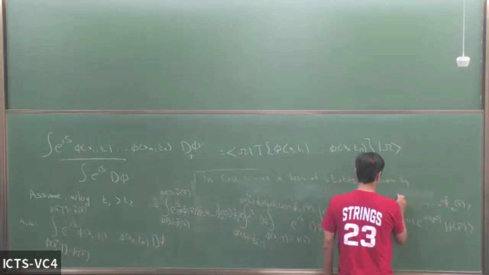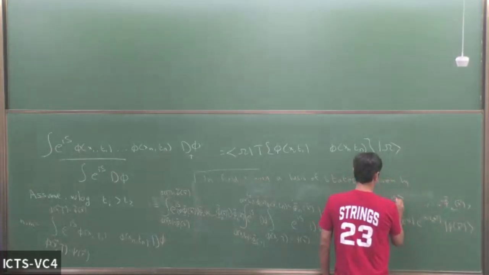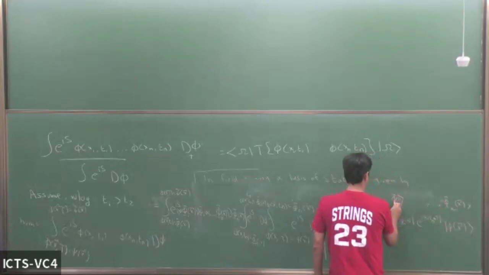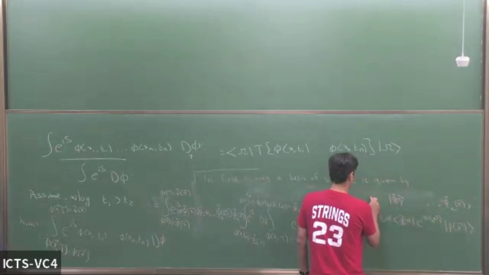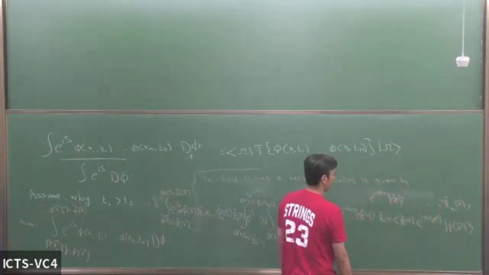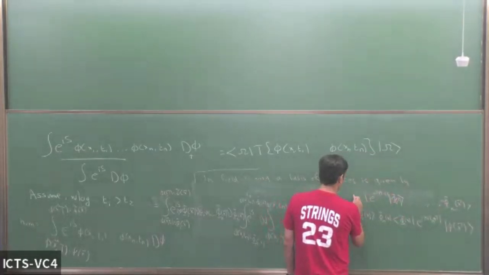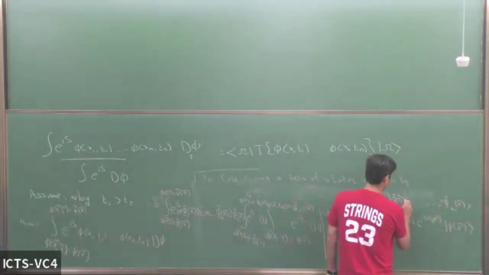And then in the last, I have phi 1 of x. And then I have e to the minus iH (capital T minus T1). And then I have this psi tilde of x. And I have this phi 1 of x sitting here.